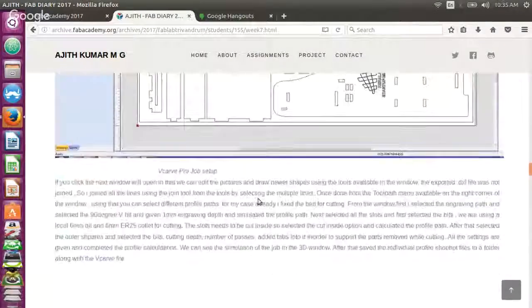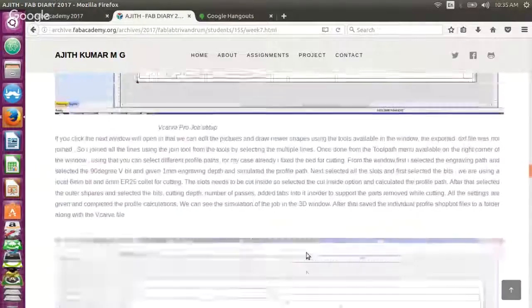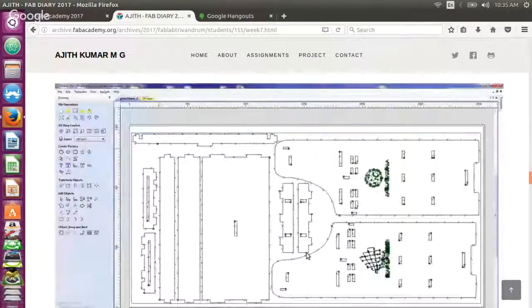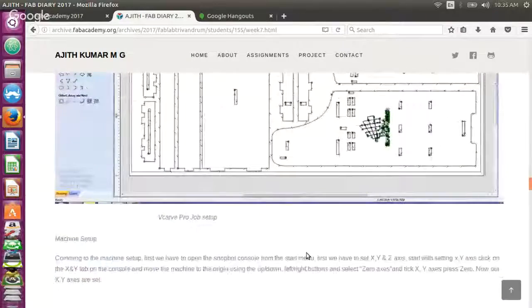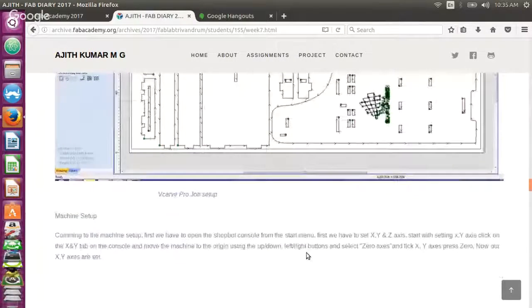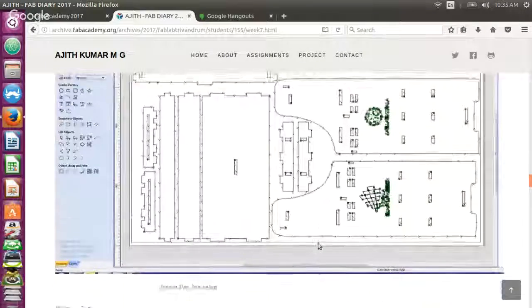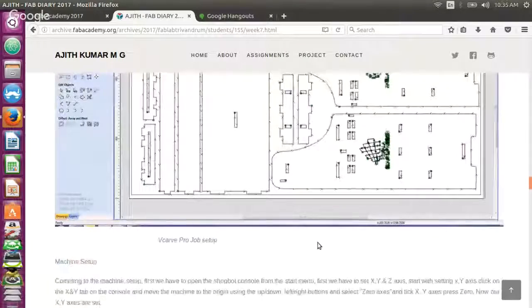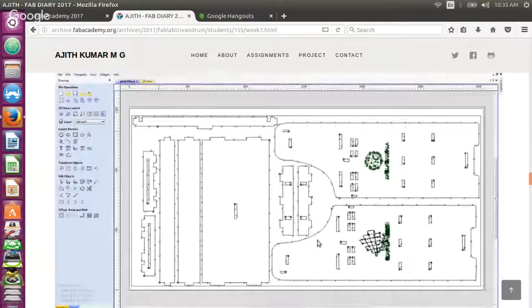So this is VCarve Pro. I have divided my total work into three plates.